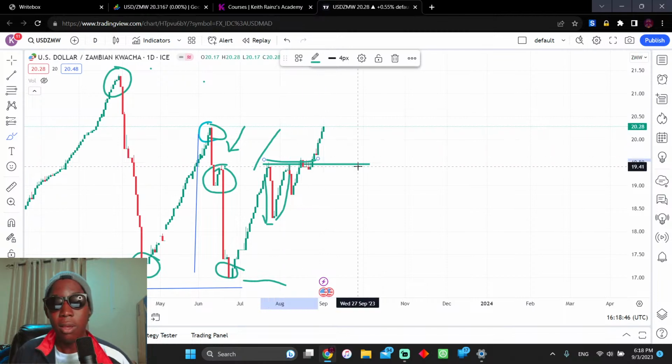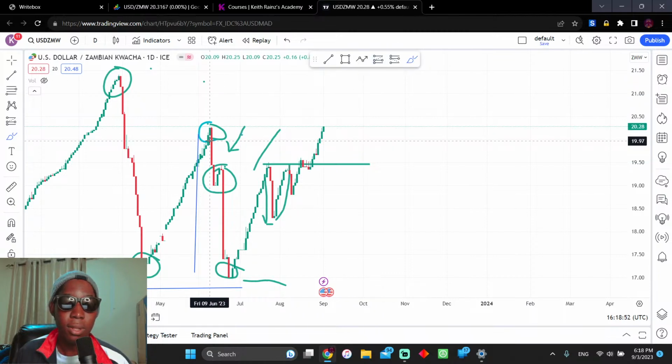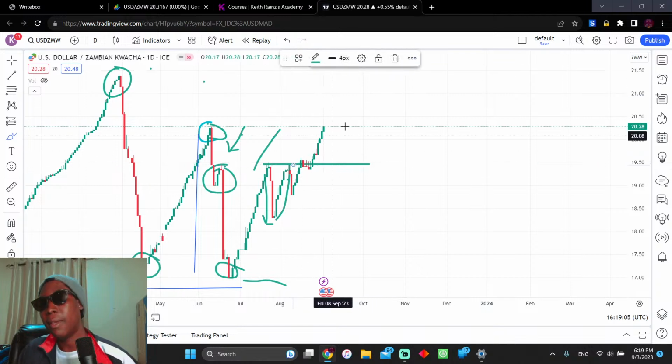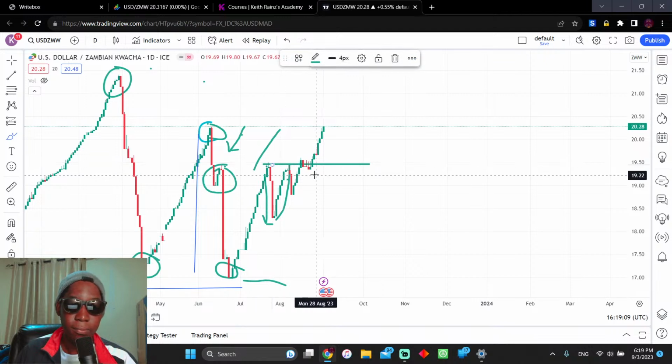So now let me just try to clean this chart. Let me delete everything so that you can clearly see what I'm talking about. I am really trying my best to explain this as simply as I can.